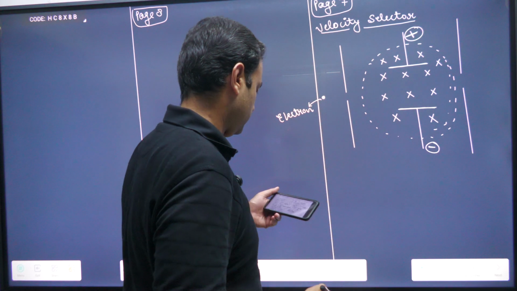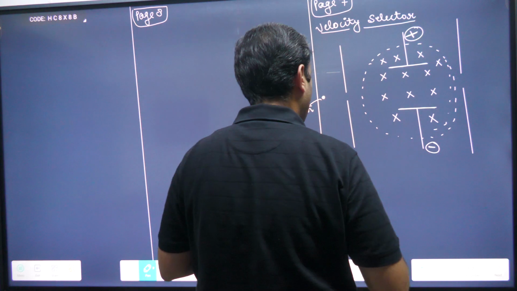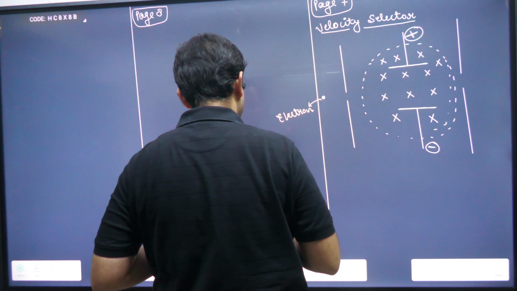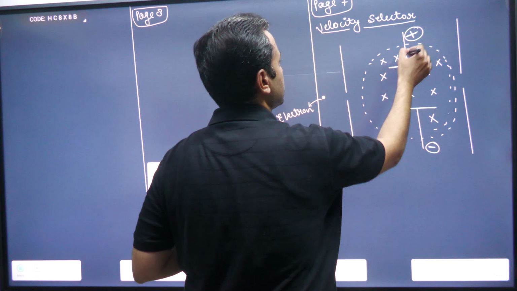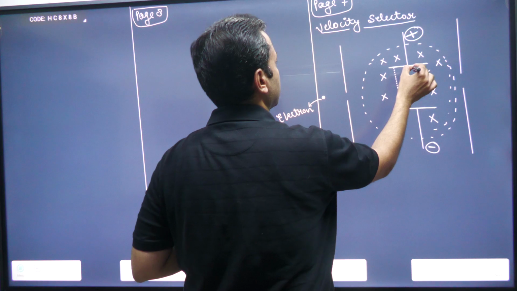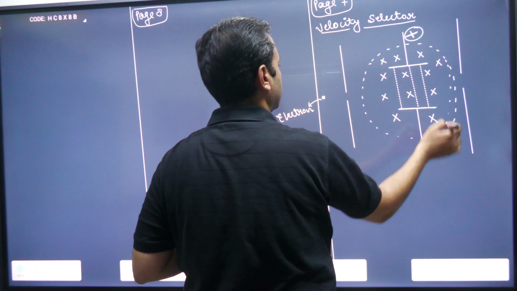Now, one electron is coming in, and we know that the direction of the electric field is always from the positive terminal to the negative terminal.